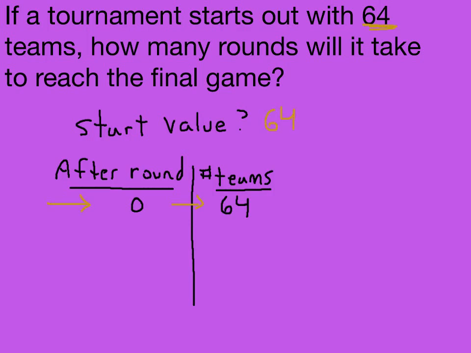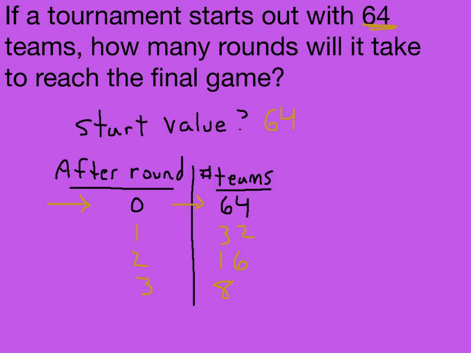We need to think about how sports works. In a tournament, usually it's elimination. So 2 teams play, only one can win and move on. So after the first round, there would only be 32 teams. Half the teams would have lost. After round 2, we get 16 teams left. After round 3, 8 teams are left.